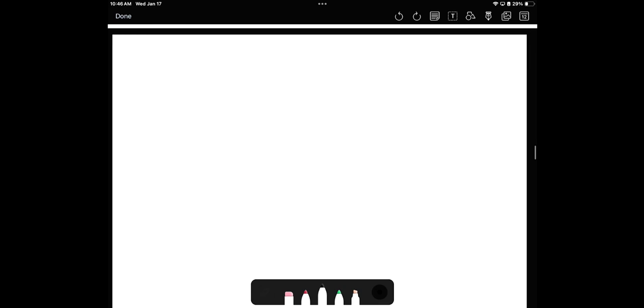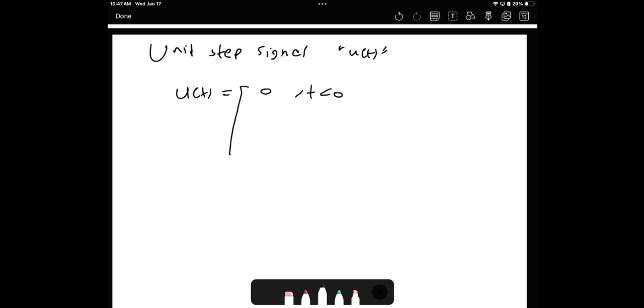Now let's keep going to the unit step signal. Unit step signal, as a shortcut, we will call it u. And actually, u of t is what? In real life, it is 0 when t is less than 0, 1/2 when t exactly equals 0, and 1 when t is larger than 0.